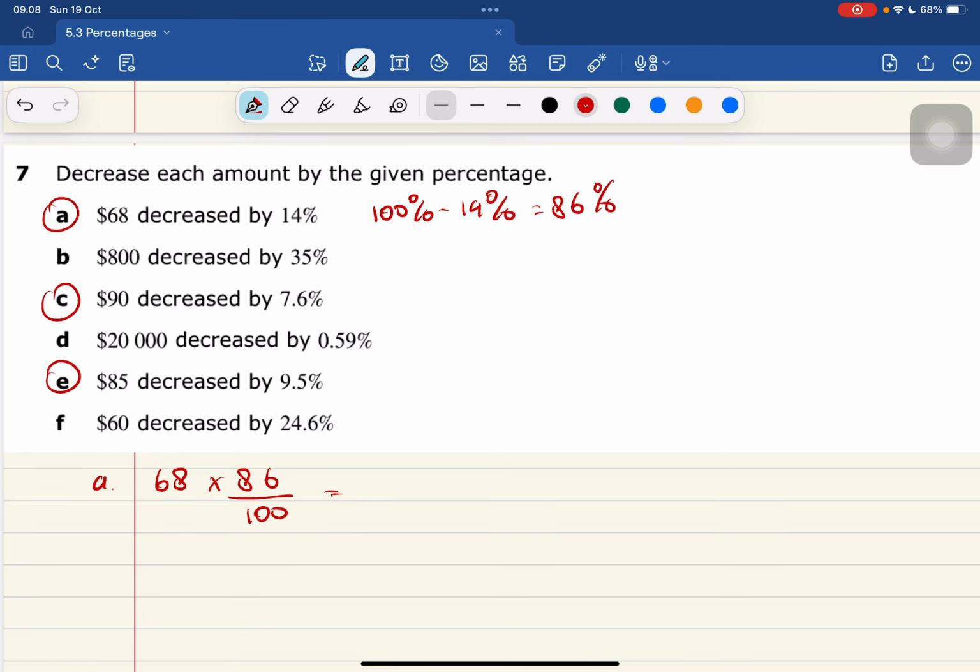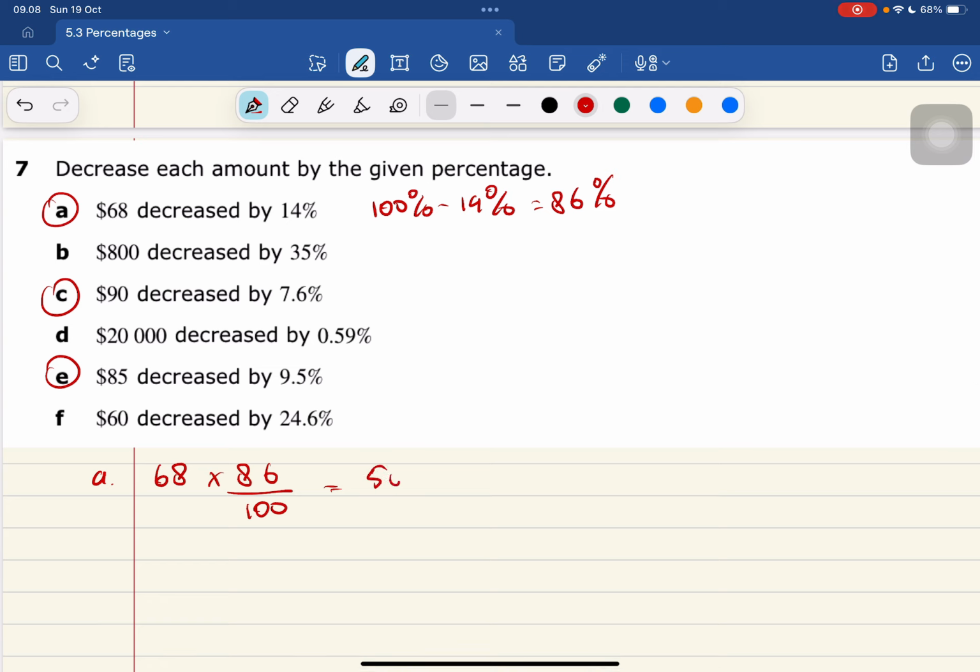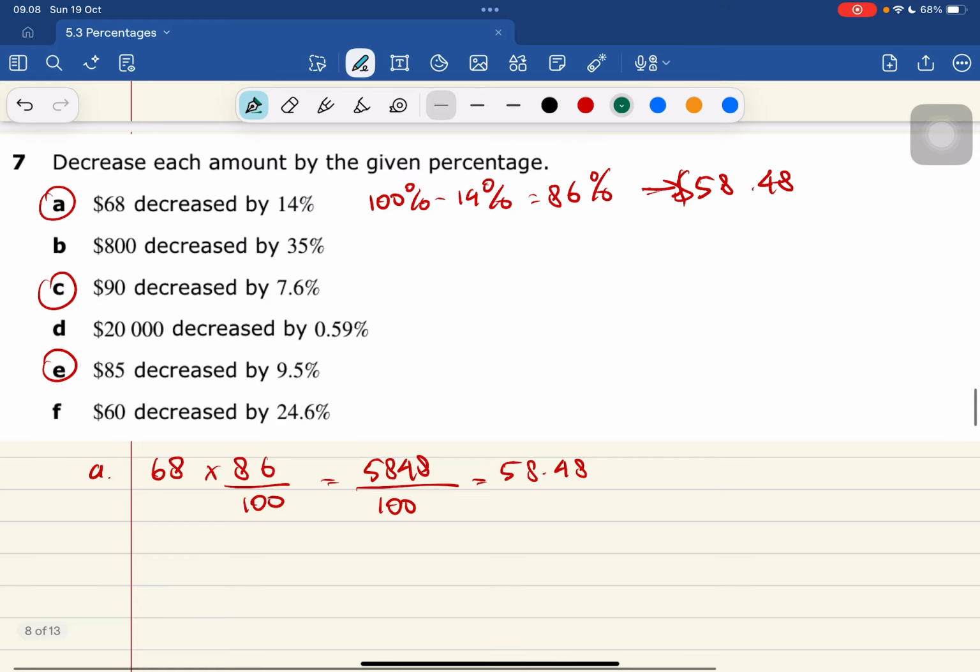So 68 times 86 is going to be 5,848. We divide by 100. So this will give us the answer of 58.48. So the answer is $58.48.